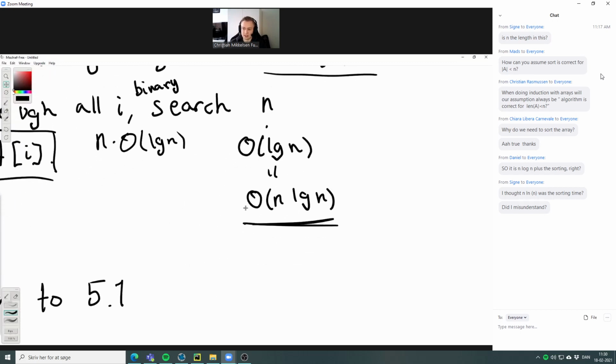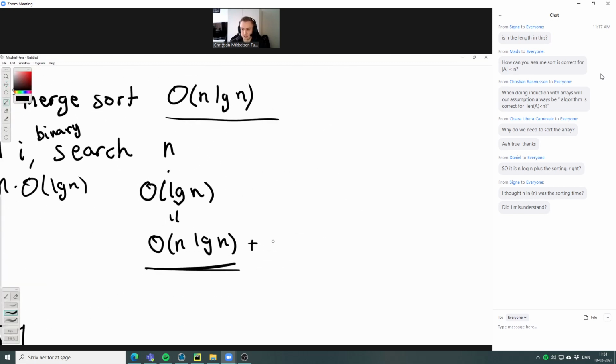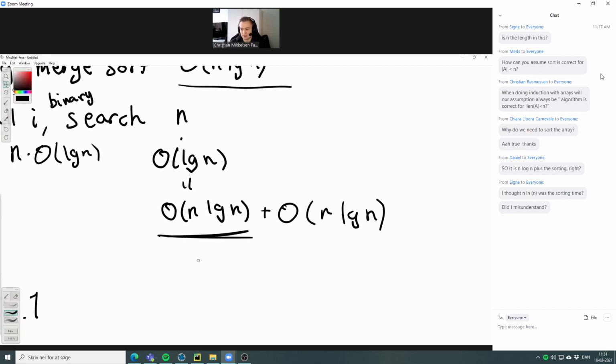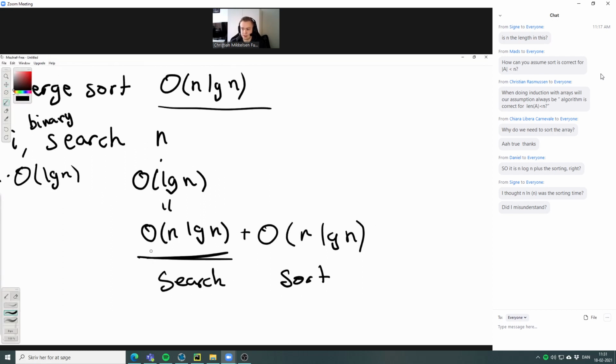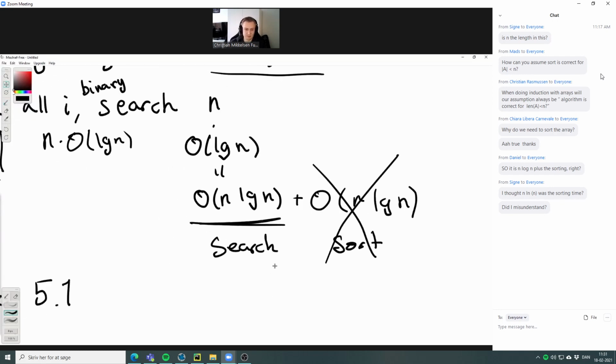So you end up getting O(n log n) plus O(n log n), right? So this here is for search, and this here is for sort. And then you get O(n log n). You just get one of them because you can remove one of them since they are the same.